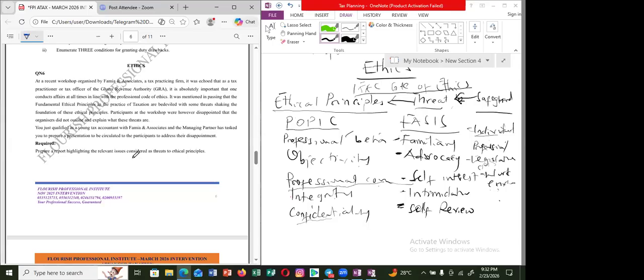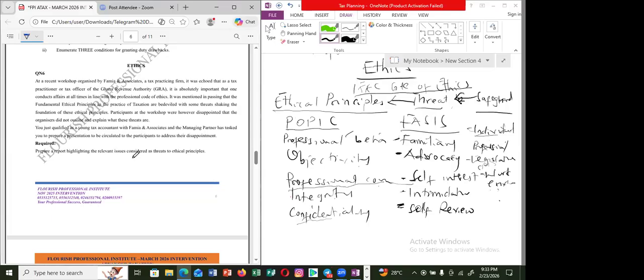Participants at the workshop were, however, disappointed that the organizers did not outline and explain what these threats are. You are qualified as a young tax consultant with Famia and Associates and the managing partner has tasked you to prepare a presentation to be circulated to the participants who address their disappointments. Required: Prepare a report highlighting the relevant issues considered as threats to ethical principles.